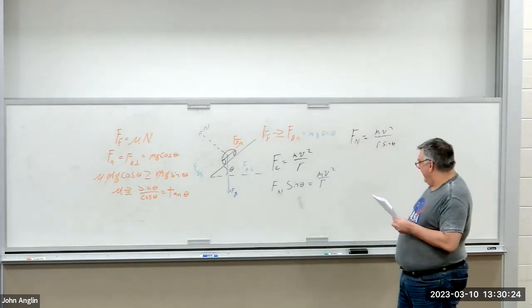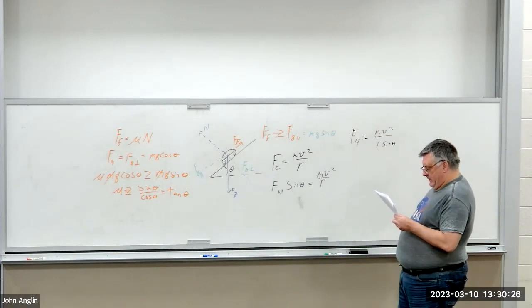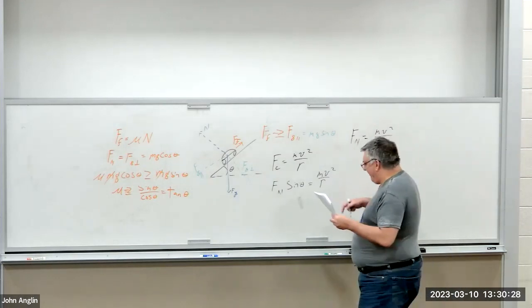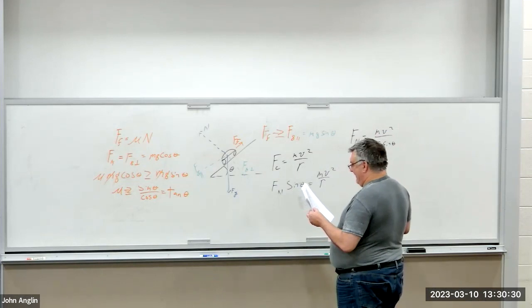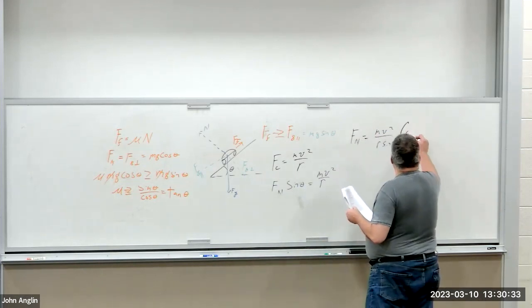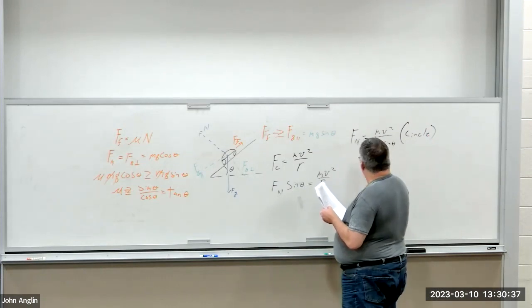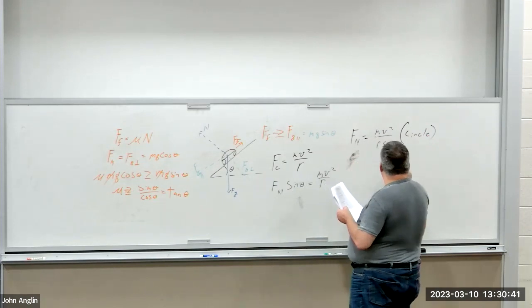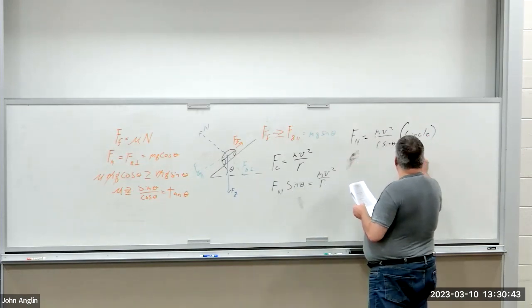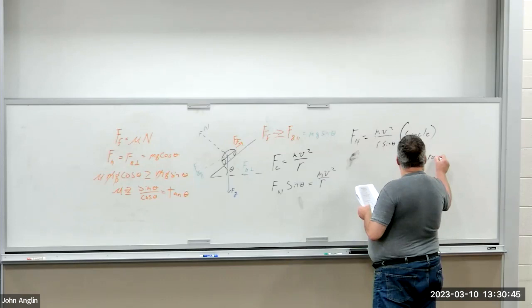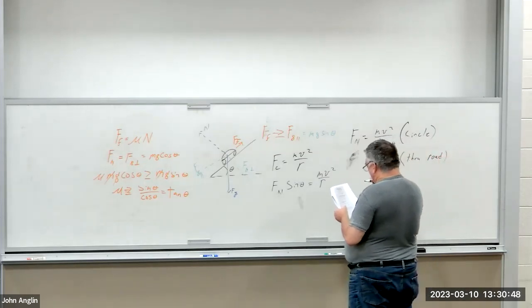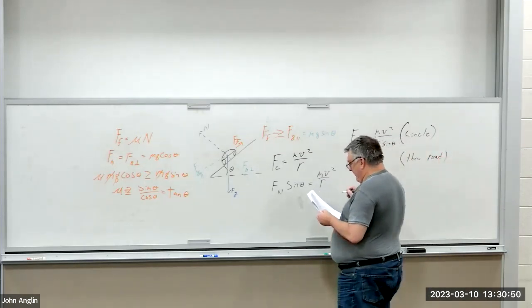Well, we also know that the car cannot fall through the surface, right? So this is the circle. Similarly, if we don't want the car going through the road, which obviously can't be true, right?